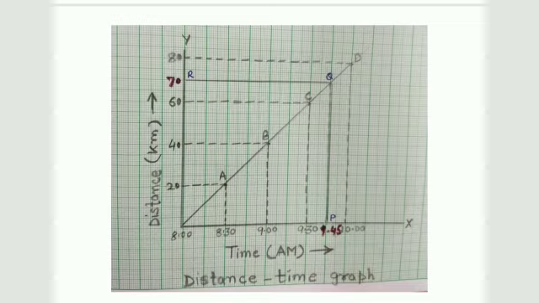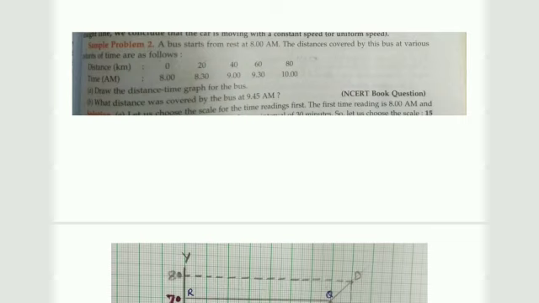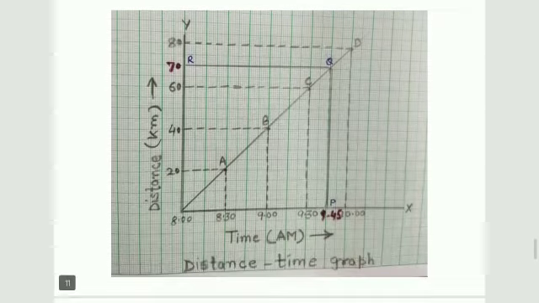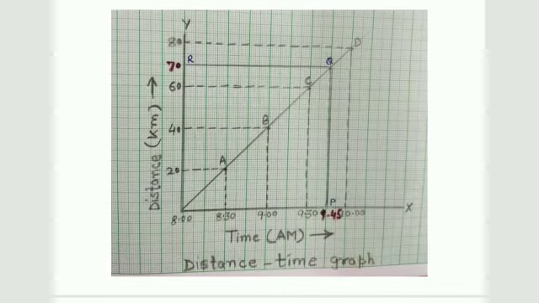Then 8:30, then 9, at equal distances we pointed 8:30, 9, 9:30 and 10. We didn't write 10, we just started from 20 because our question is given in 20, 0 to 20. So we pointed 20, 40, 60 and 80.